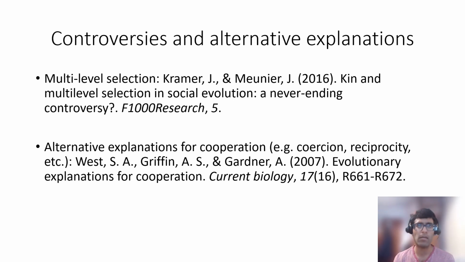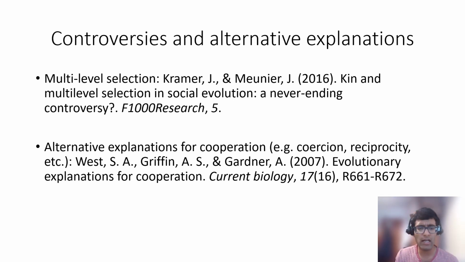Some of the proponents, I think, completely ignore kin selection and disavow kin selection, which I personally firmly disagree with. I think kin selection is well established and has a sound theoretical and empirical basis, as I hope I've illustrated. But that doesn't mean there isn't anything to multi-level selection, and in fact, I think there probably is. But yes, if you're interested, feel free to read up on that.